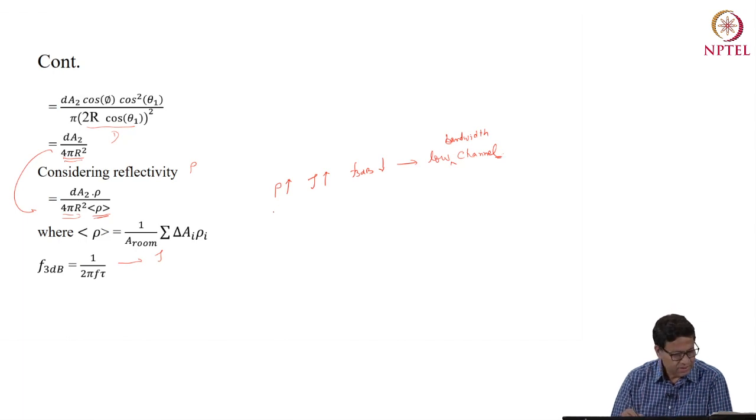On the other hand, if the value of reflectivity is low, that means the light is, if it is low, then the τ value decreases, and F3dB increases.